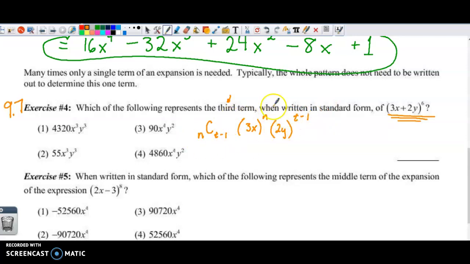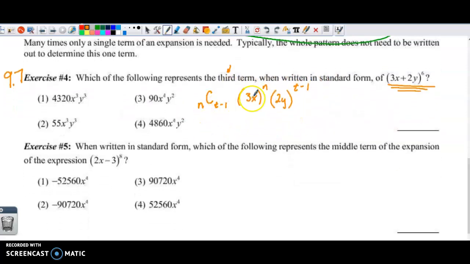Because I don't do the problem this way very often, that's why I don't have it consistent, like you always use this letter, you always use this letter.